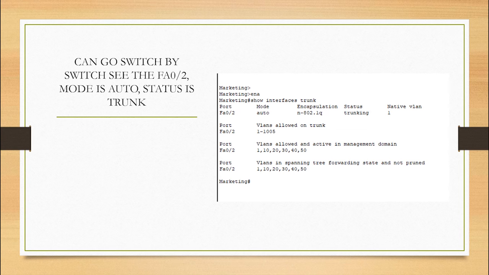After we do the trunking, we can go to another switch like marketing, finance, HR, or others to check whether the port is matched, the status is trunking, or the mode is auto. Okay.